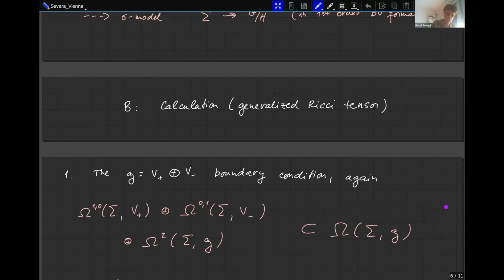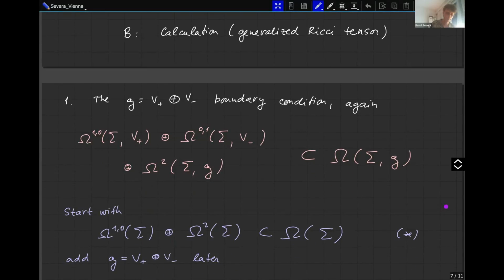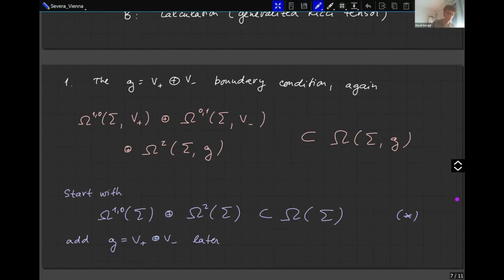So let's go for it. For some time, it would be good to keep in mind that this V plus and V minus and all this looks kind of complicated. So it's good to start with a simplified picture, when G is one-dimensional and everything is V plus and nothing is V minus.